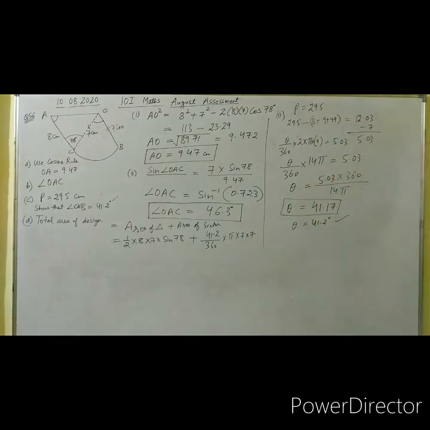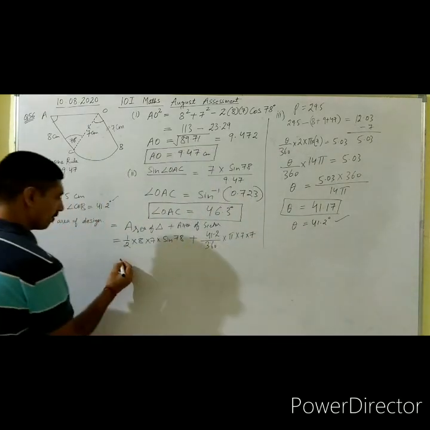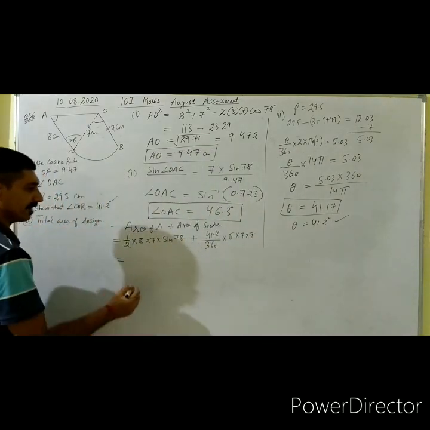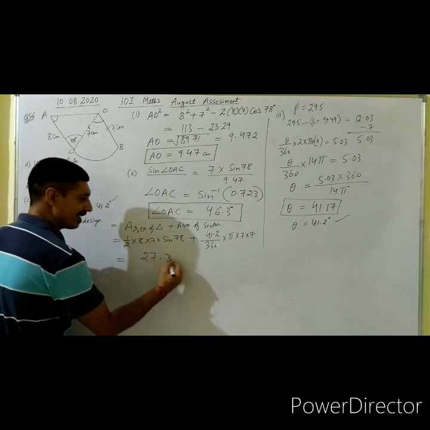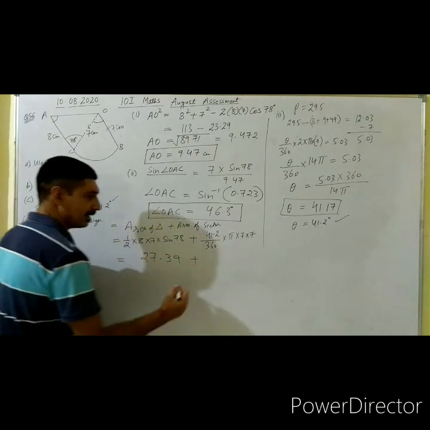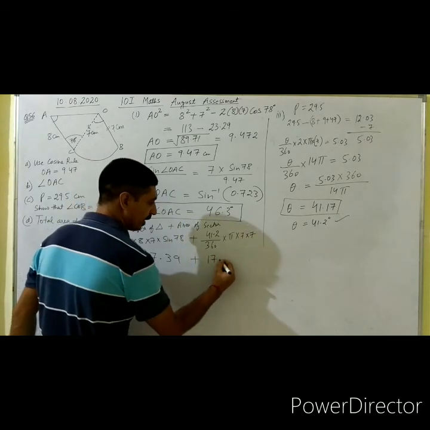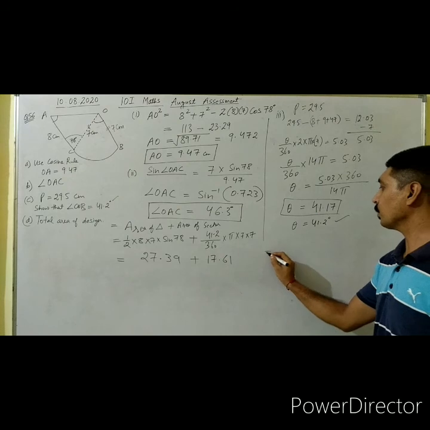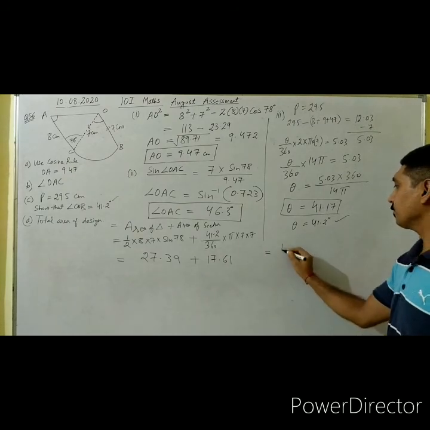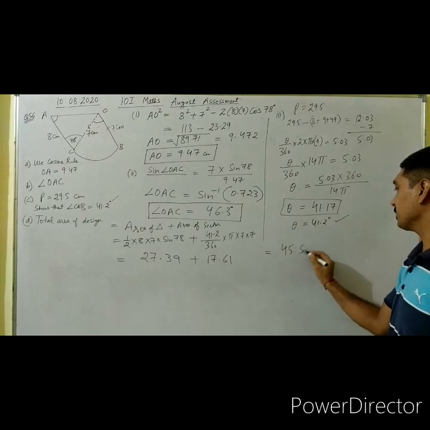So after solving these, we will find the area of the triangle is 27.39 and the other area is 17.16, right? So the total area is 45 square centimeter.